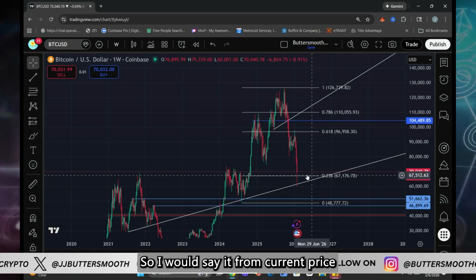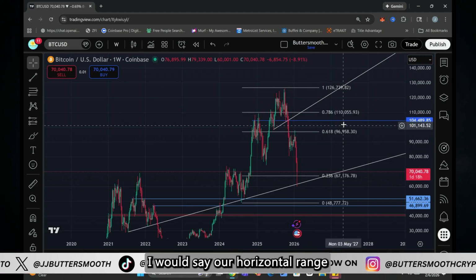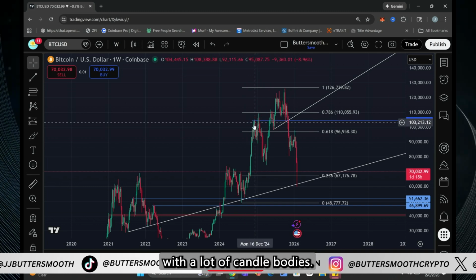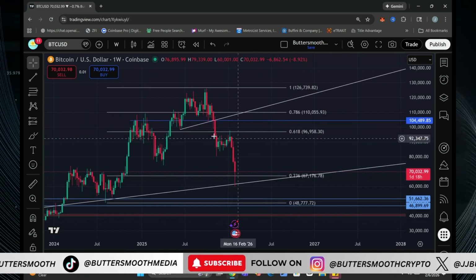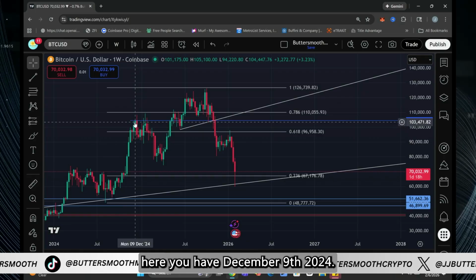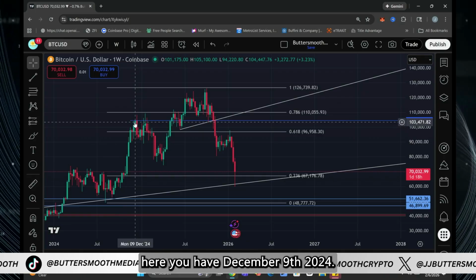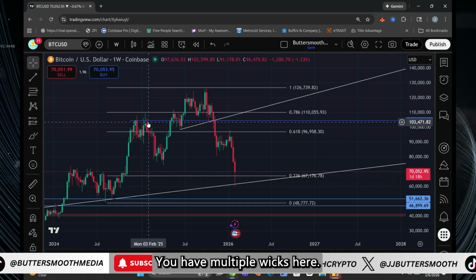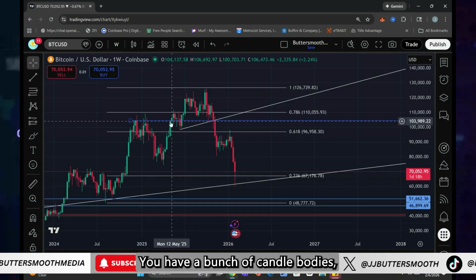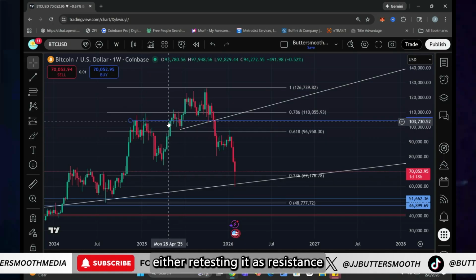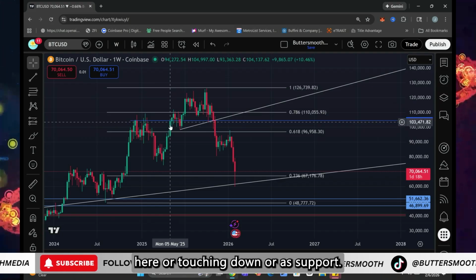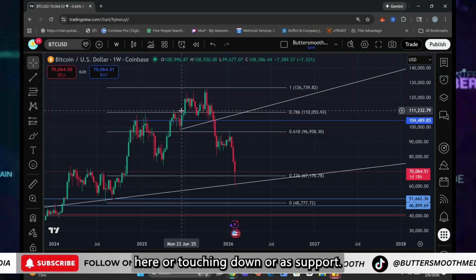So I would say from current price, our horizontal ray for our highs up here lines up with a lot of candle bodies, right? You have December 9th, 2024, and the following week, December 16th, 2024. You have multiple wicks here and a bunch of candle bodies either retesting it as resistance or touching down as support.